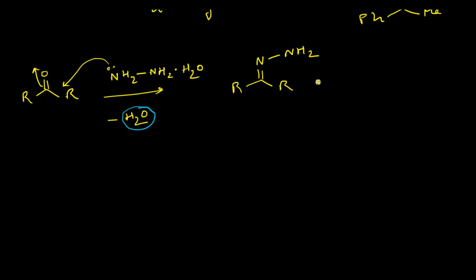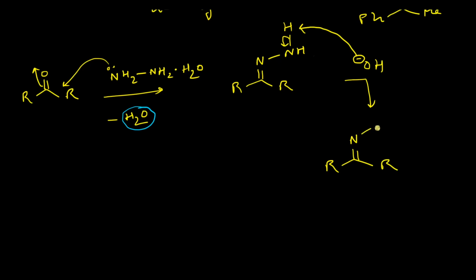So after the formation of this hydrazone derivative, the base, which is OH minus, will abstract one of these protons from the NH2 group. So if it abstracts this particular proton, then it will result in the formation of an anion. So this will be the resulting anion.